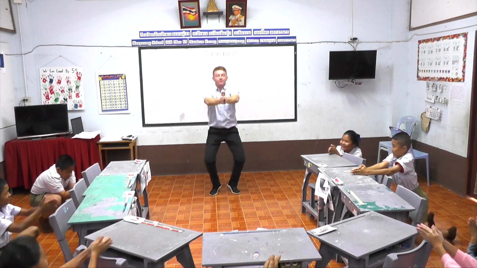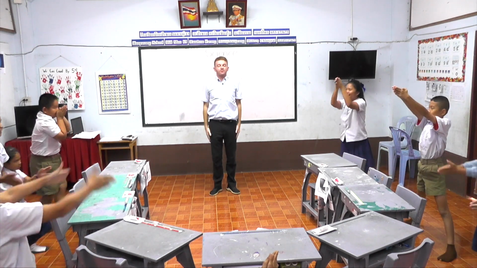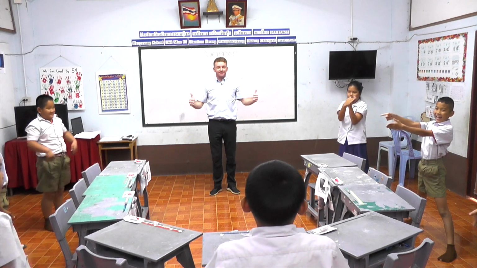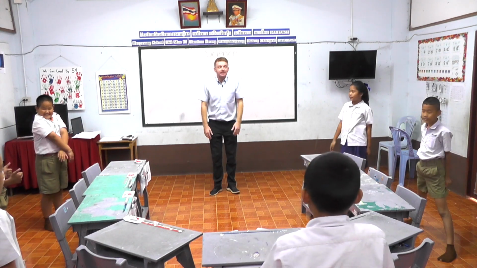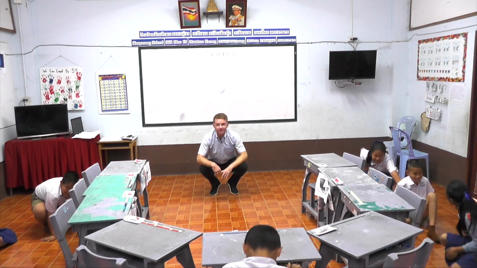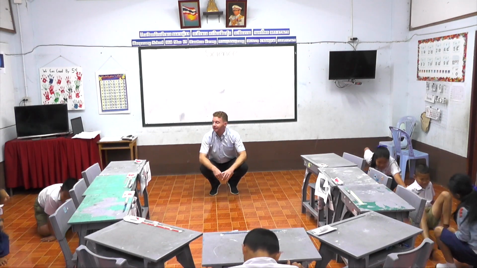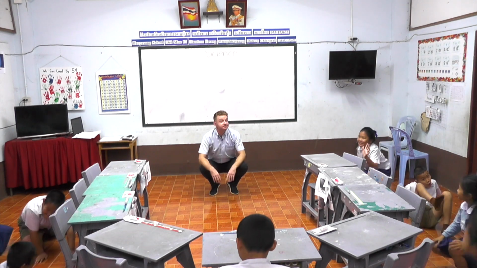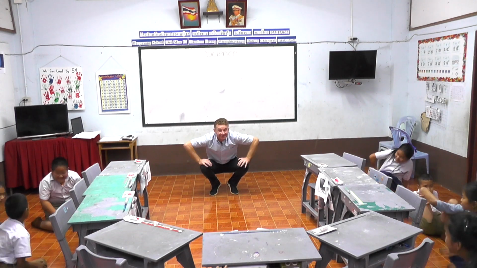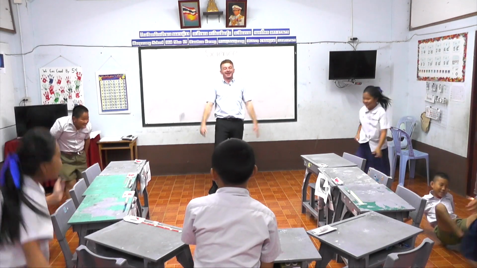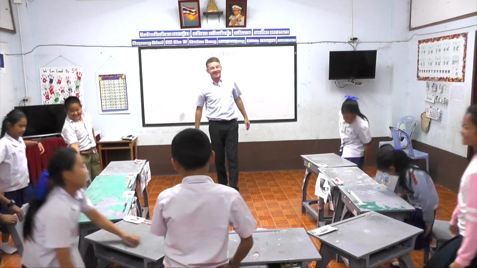Teacher says, stand up straight. Arms by your sides. Teacher says, arms by your sides. Well done. And teacher says, into a ball. 5, 4, 3, 2, 1, jump. Teacher says, jump. Excellent, guys. Have a seat.